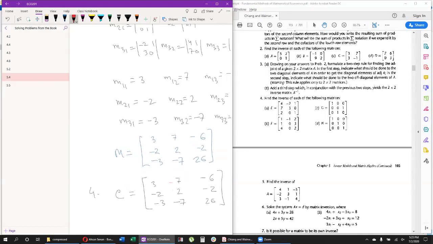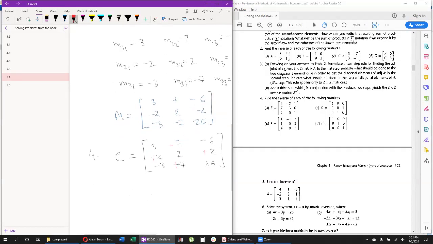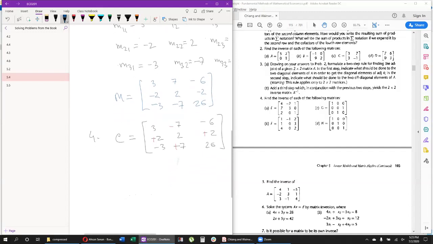This one will become minus, so minus minus plus. This minus minus plus. This minus and minus plus. So what we have is a cofactor matrix, which is 3, minus 7, minus 6, 2, minus 3, minus 7, 26.